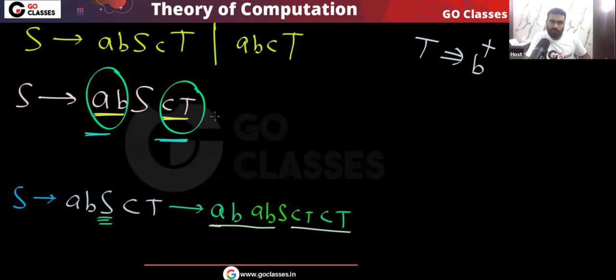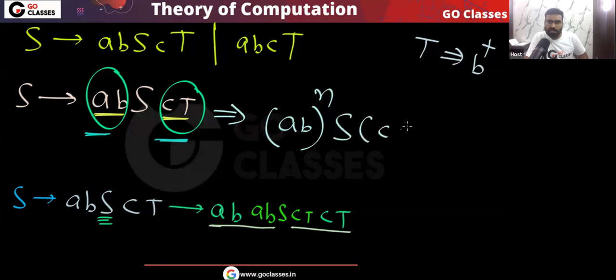So from here I can say that you will get AB power n S CT power n. Is this clear? This is what you will get. And remember, from S I can directly create ABCT also. So far you understood this.